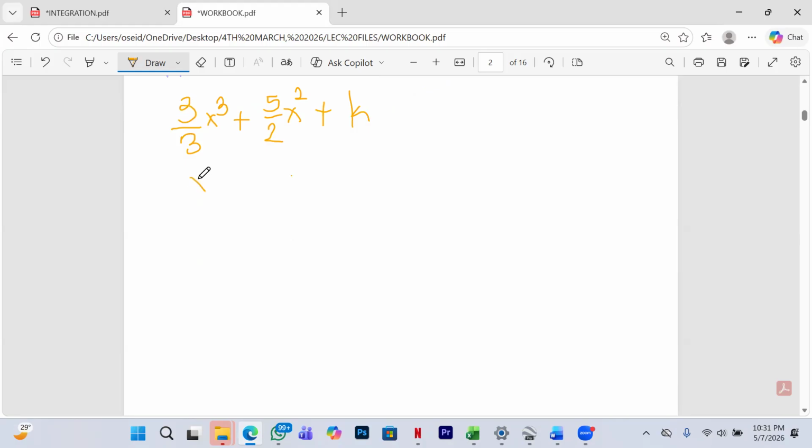You get x cubed, or x power 3, plus 5 over 2 x squared plus k.